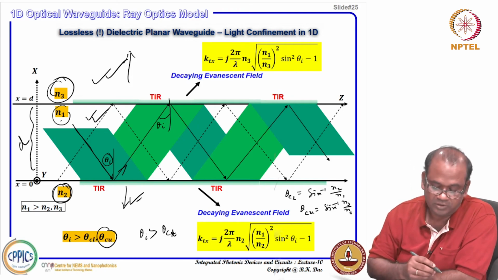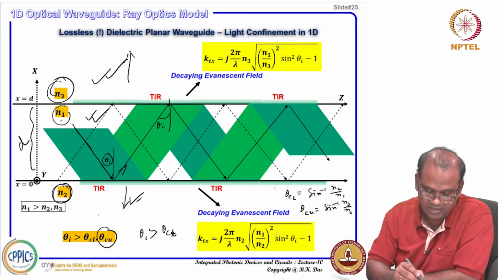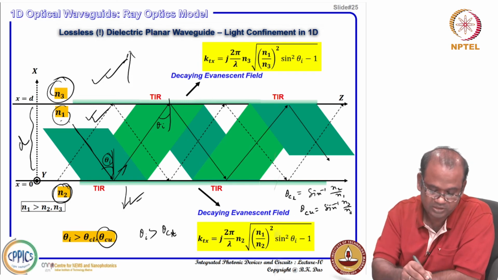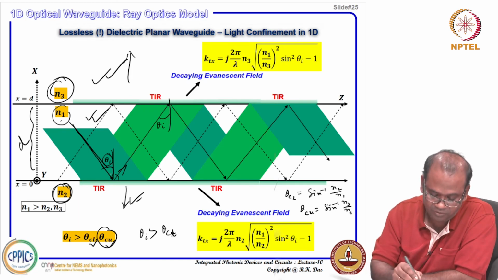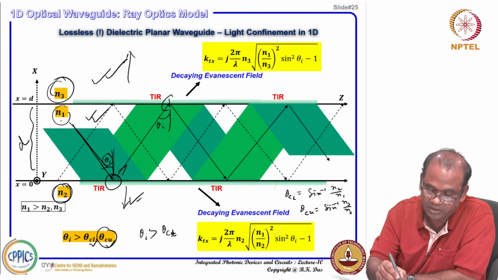So, if you set an incident angle theta_i that is greater than both theta_cl and theta_cu, then you can get total internal reflection here as well as at the upper interface also.